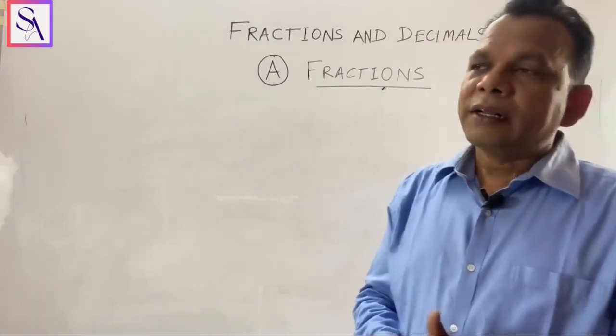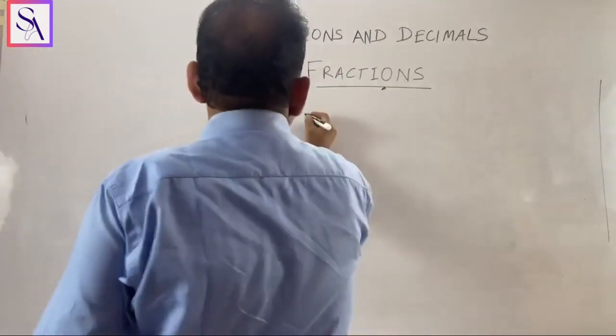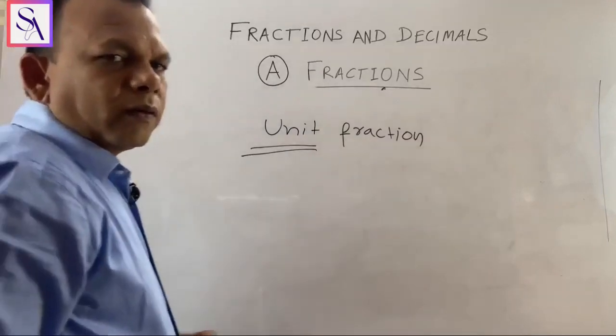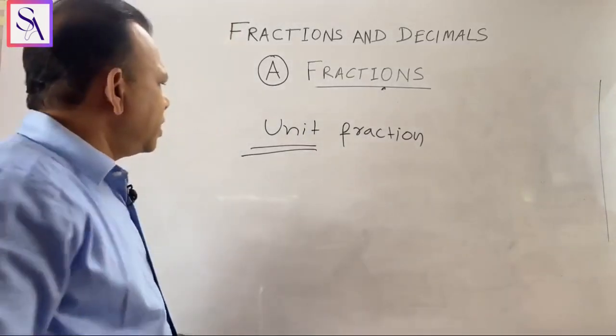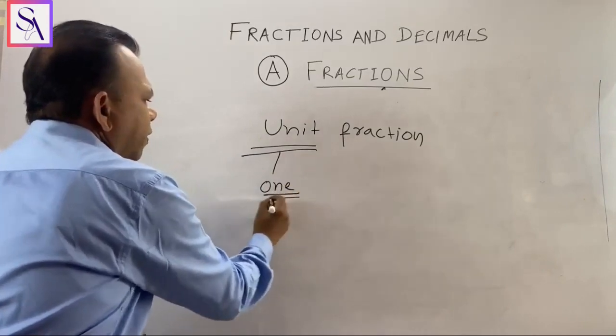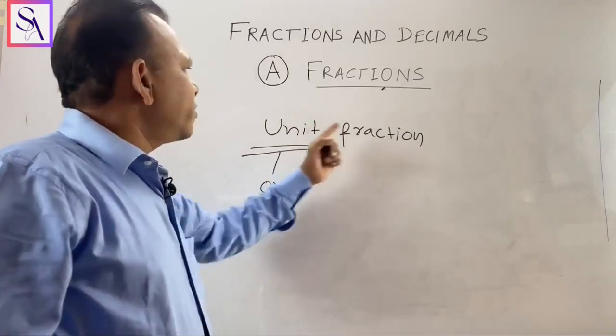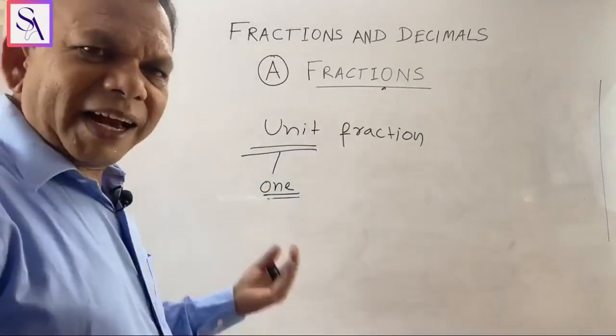Right? Now we will learn about unit fraction. First of all, what is the meaning of unit? Unit means one, right? So one fraction, unit fraction. So what exactly is it?